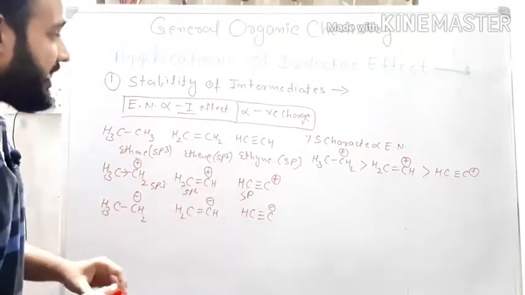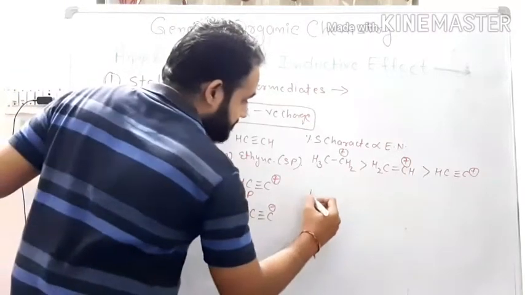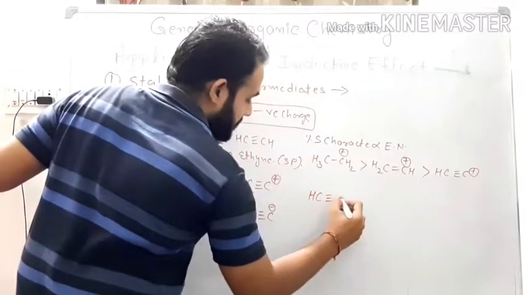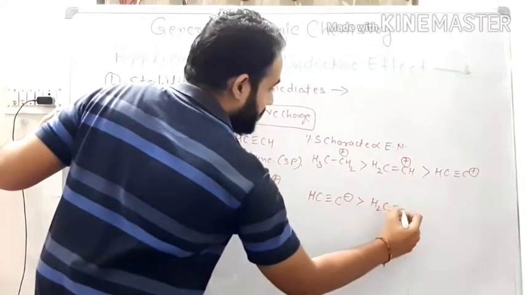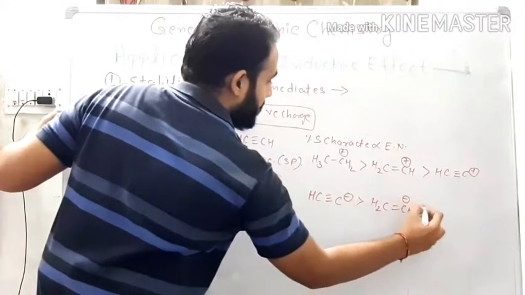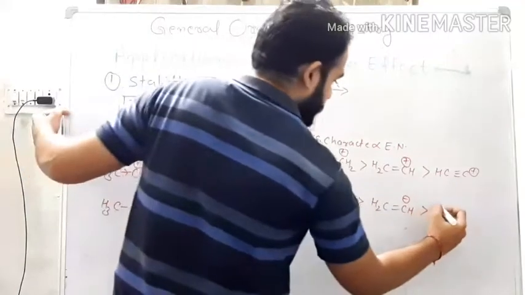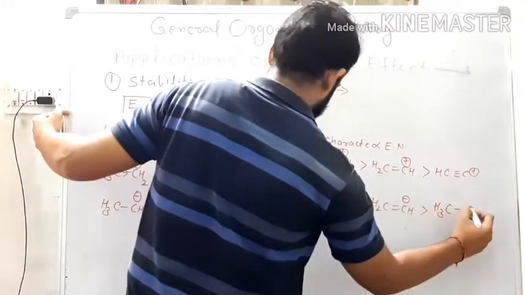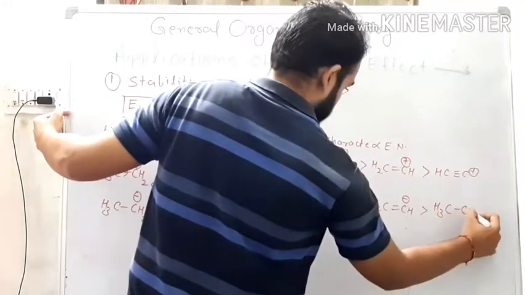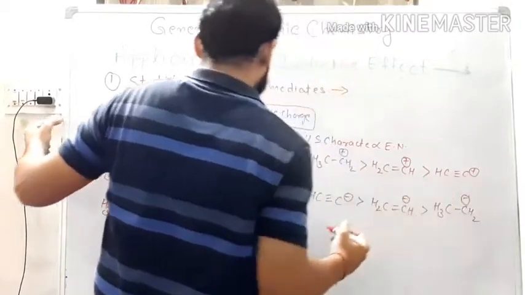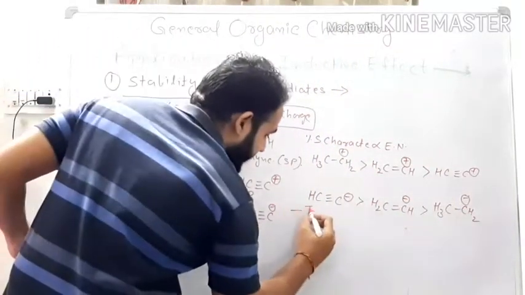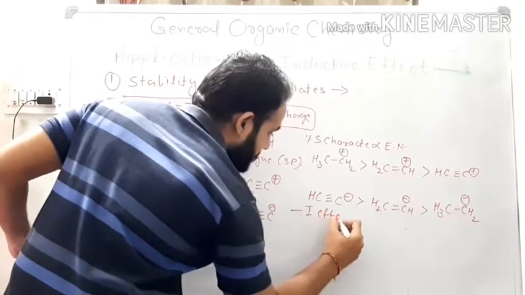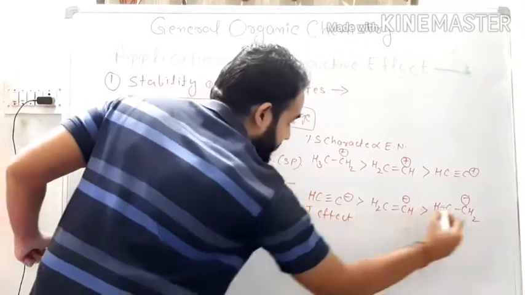So the stability of carbanions is as follows, and also this is the order of minus I effect.